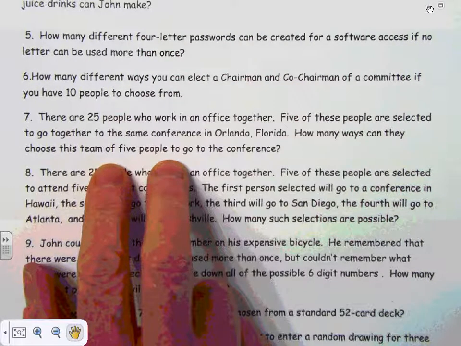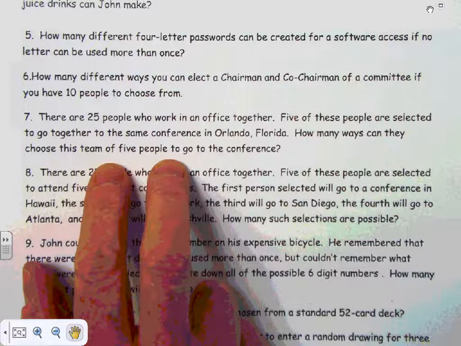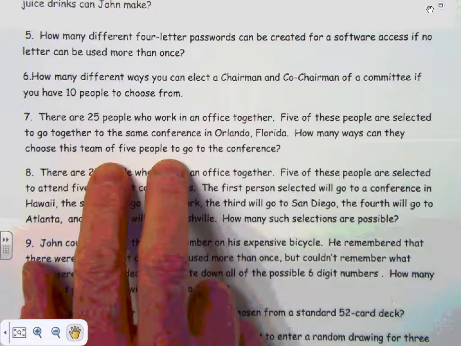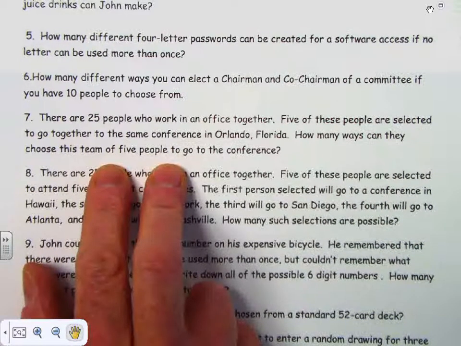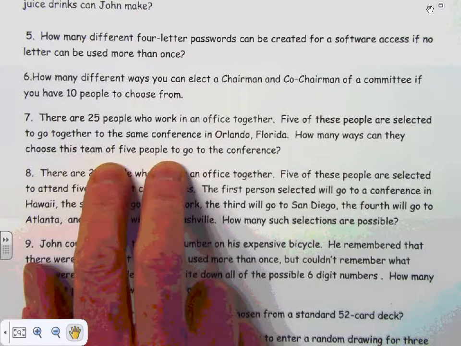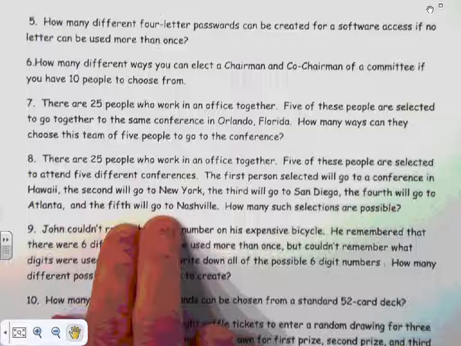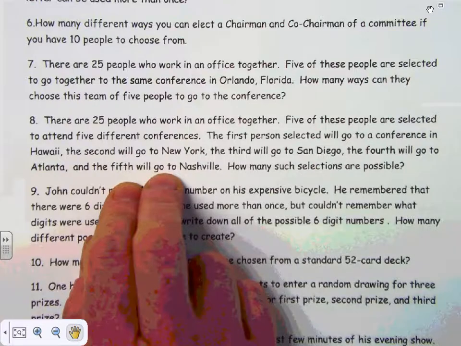There are 25 people who work in an office. 5 of these people are selected to go to a conference in Florida. Does it matter what order the people go in? No, so it's a combination. But now I have 25 people who work in an office, but they're going to go to 5 different conferences. Permutation. This one matters, because if they go to one conference, they can't go to the other conference. So it's a permutation.